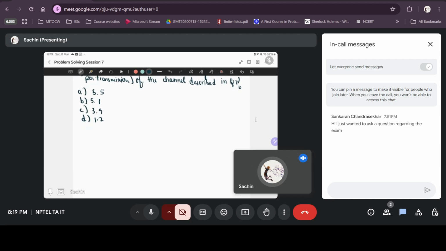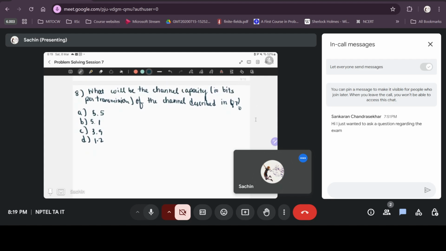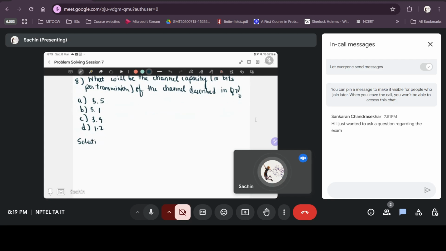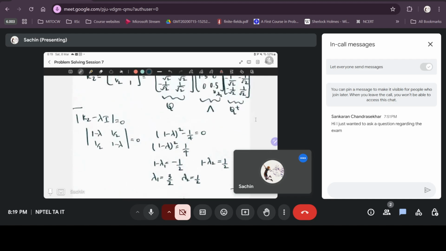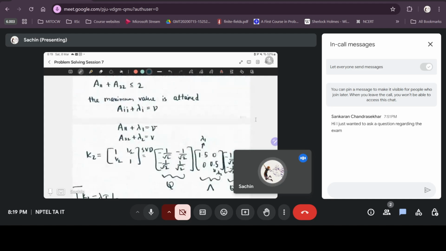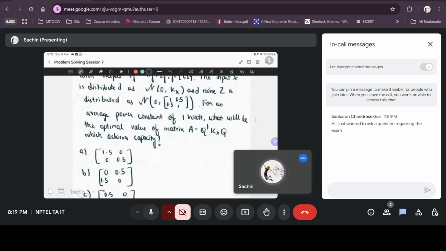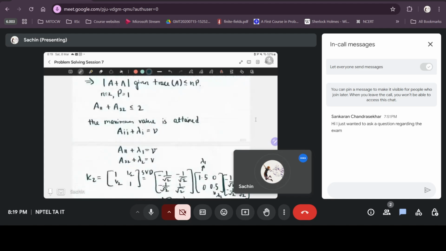So now we found A that maximizes and achieves capacity.